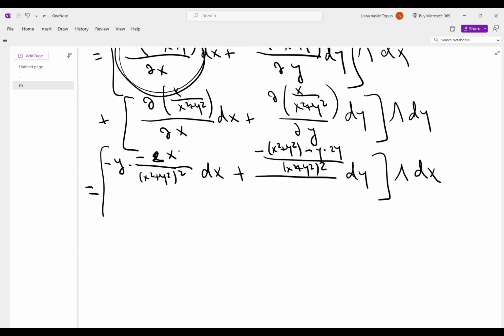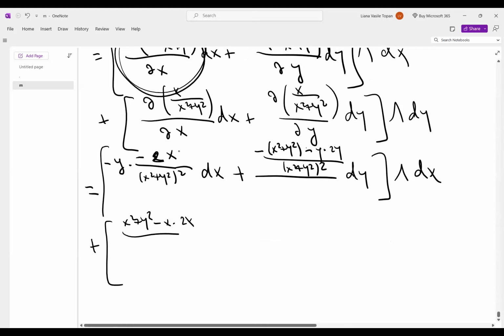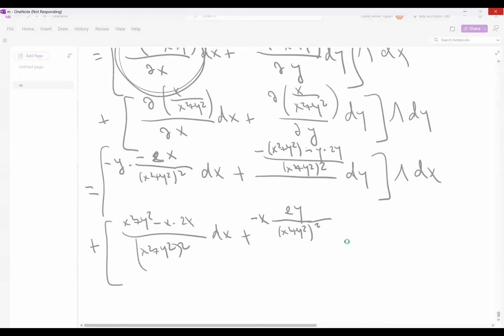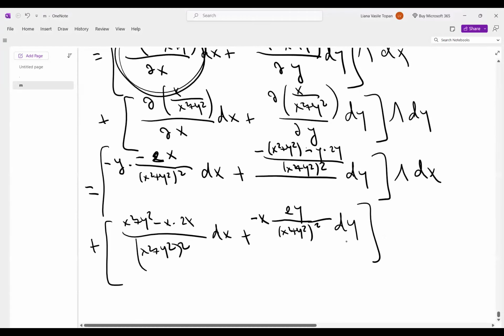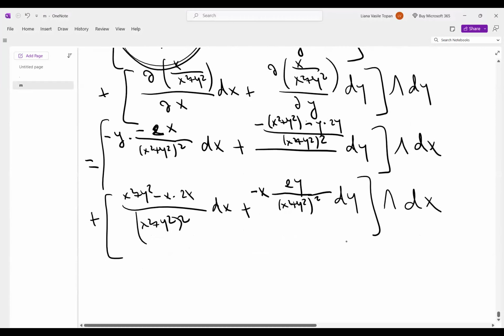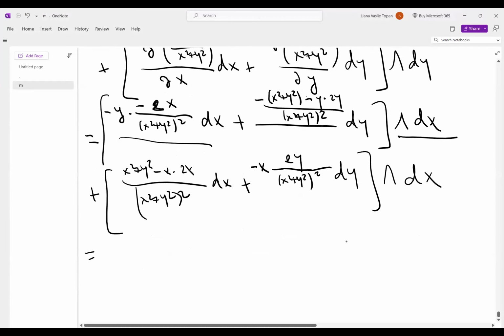And then plus, with respect to x, that's x squared plus y squared minus x times 2x over x squared plus y squared squared dx, plus with respect to y, I have negative x times 2y over x squared plus y squared squared dy, wedge dx. Okay, now when we multiply here, I have a dx wedge dx, so that cancels.